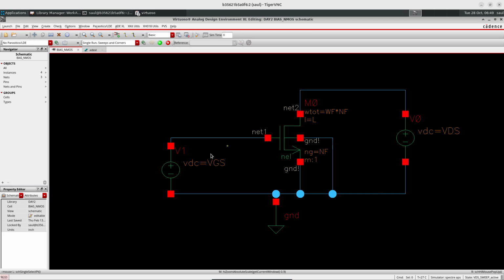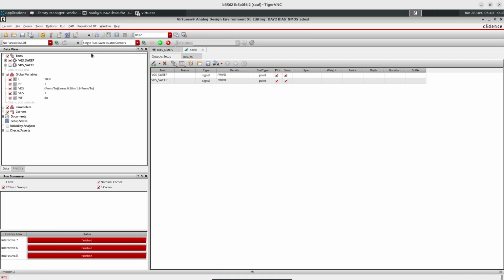So we just put voltage sources, connect to the transistor, and then we will use ADE to create the double sweeps. Now, for instance, I'm going to sweep VGS and gains VDS with steps of 50 millivolts.